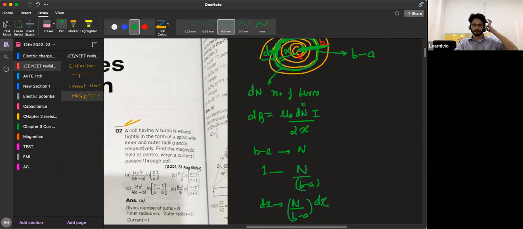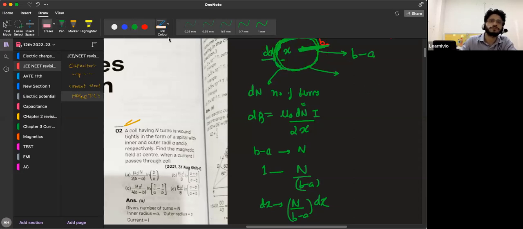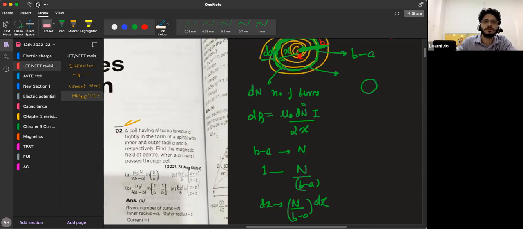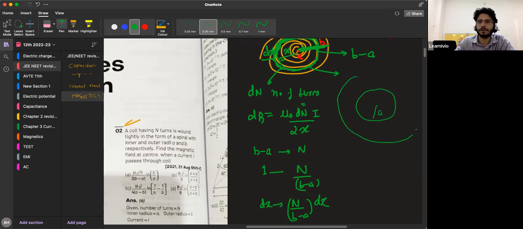Is it clear? This is the step which can create problems. We are trying to calculate the number of turns. How did you get that b minus a? See, the spiral starts from here, where the inner radius is a, and it goes up to here, where the outer radius is b.